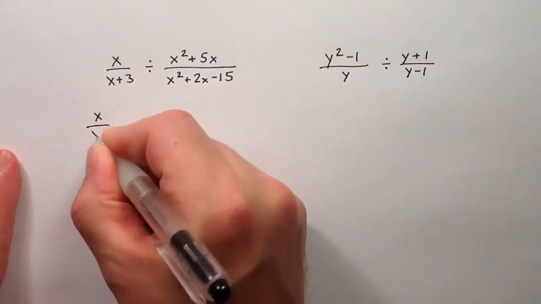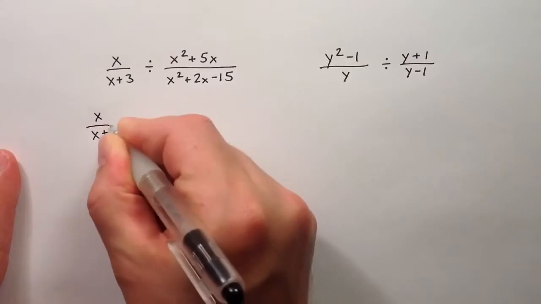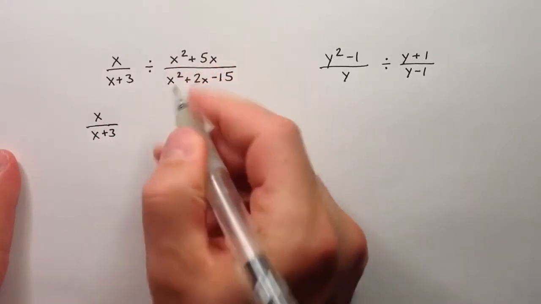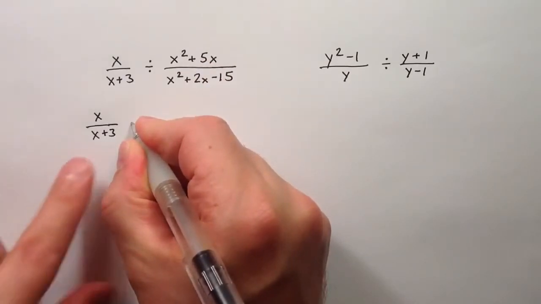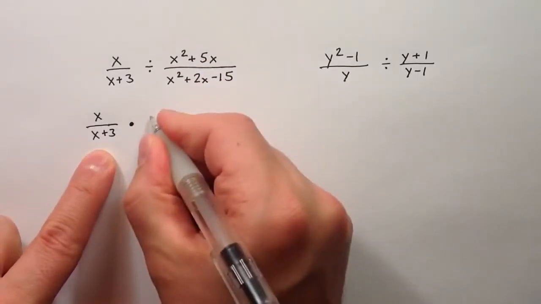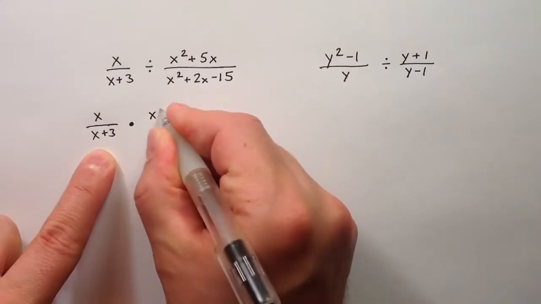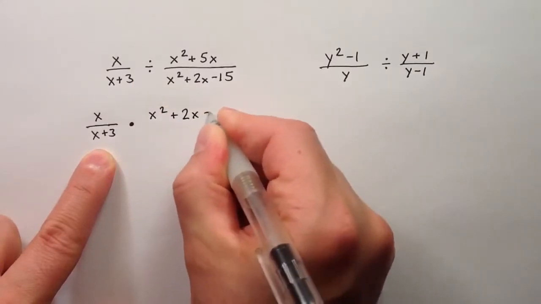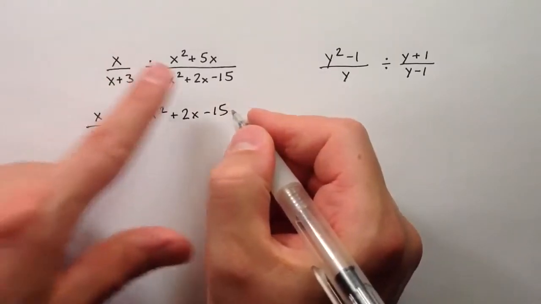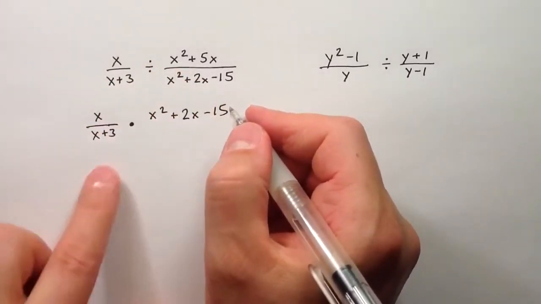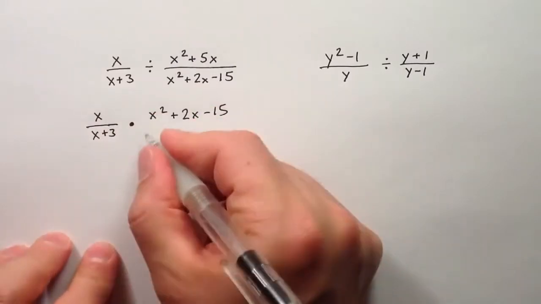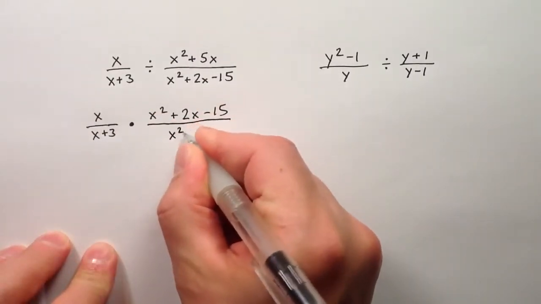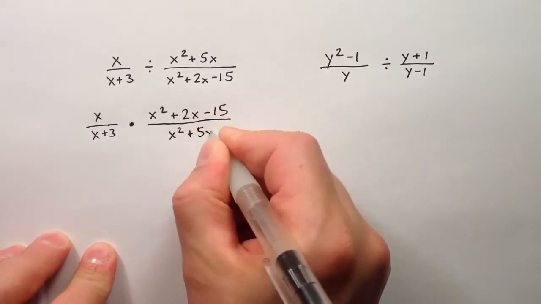So x over x plus 3, divided by this other expression, is the same as leaving that first one exactly the same and then multiplying by the reciprocal. So x squared plus 2x minus 15, the bottom of the second expression, the one that we're dividing by, becomes the numerator over x squared plus 5x.